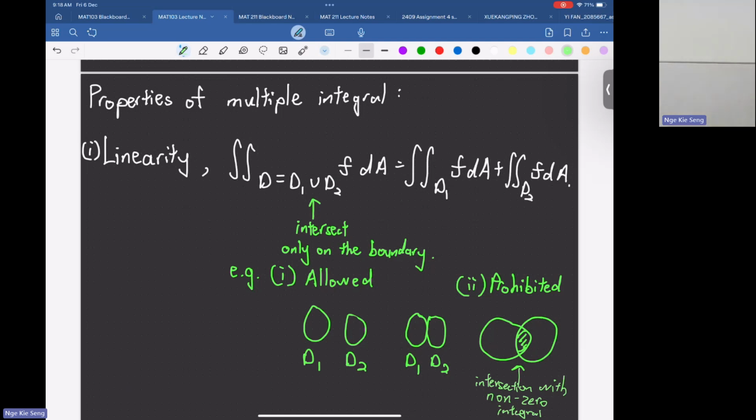If you intersect more than a boundary, you can't really apply this.